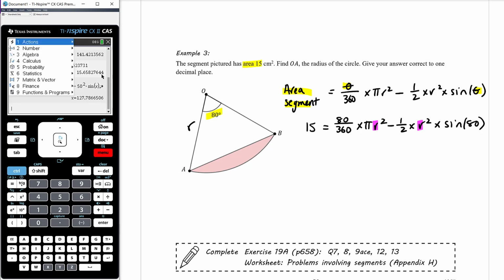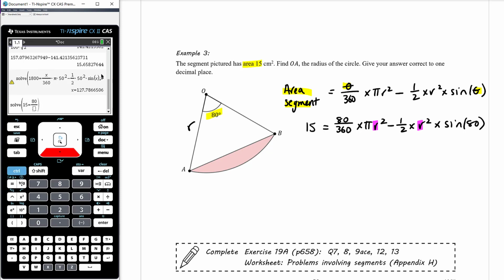So menu 3.1, we want to solve, our area is 15, and that is equal to 80 on 360 times pi times r squared, take away half times r squared times sine of 80, again making sure you're in degrees, solving for r.